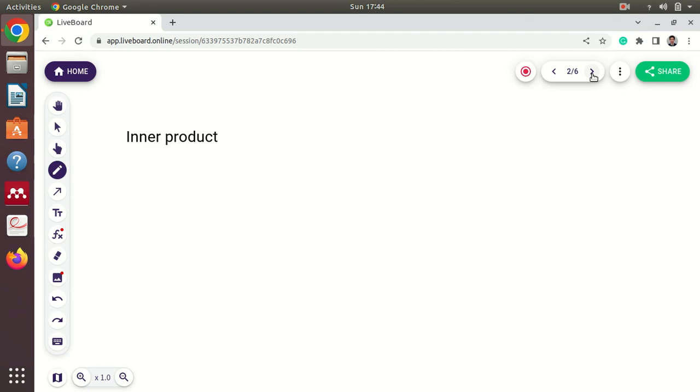Then we see the inner product of vectors, or in general you have heard the term scalar product or dot product. These three names are equivalent to each other. So what is the inner product? If I have a vector, let's say a bar, and another vector b bar, I have to take the scalar product between these two vectors.